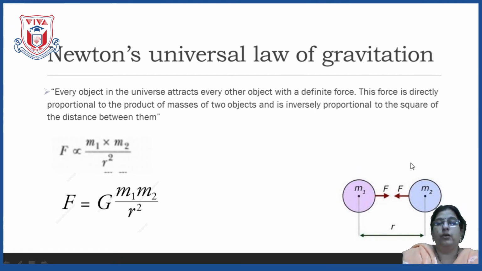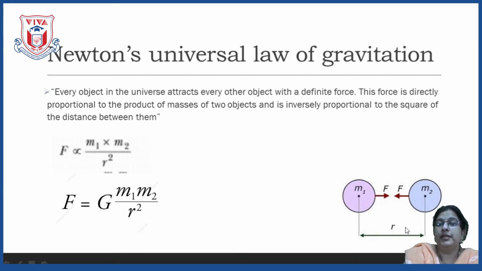Why? Because the size increased means the mass of the object has increased. Now, instead of increasing the mass, I will keep the masses the same and pull this m1 back. If I pull m1 back to this point, I have increased the distance.